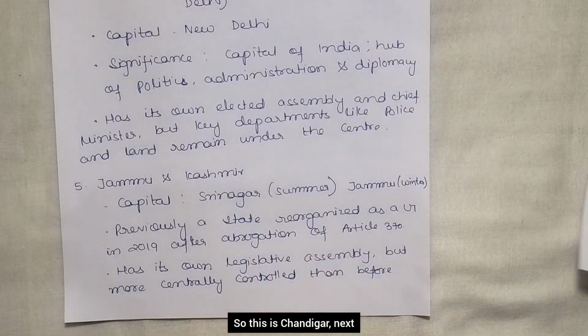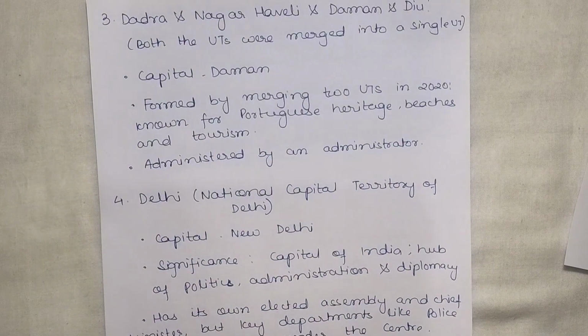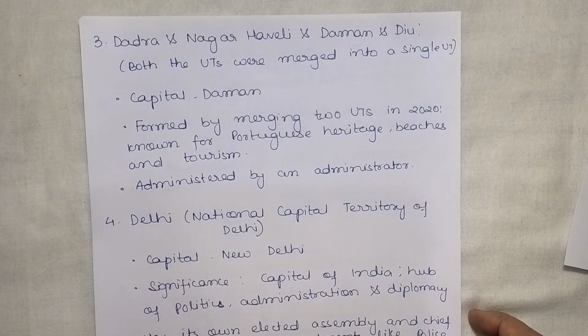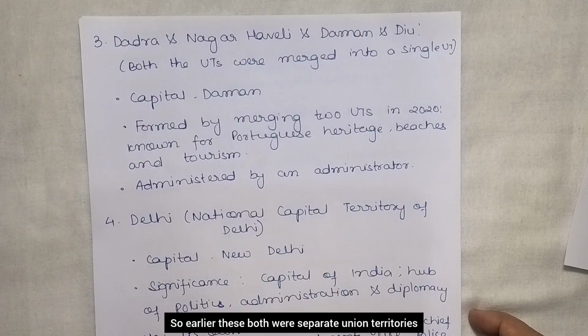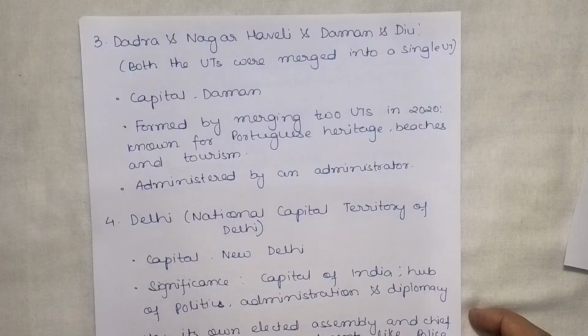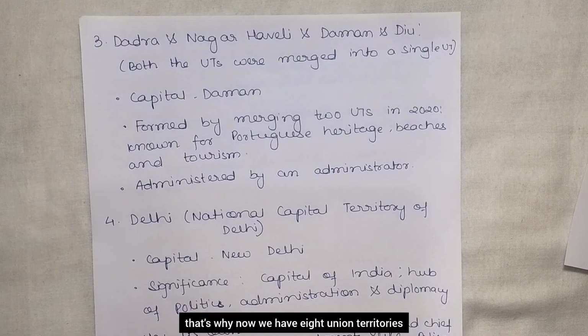So this is Chandigarh. Next, Dadra and Nagar Haveli and Daman and Diu. Earlier these were separate union territories, that's why the count was 9, but now they have been merged. Both union territories were merged into a single union territory. That's why now we have 8 union territories.